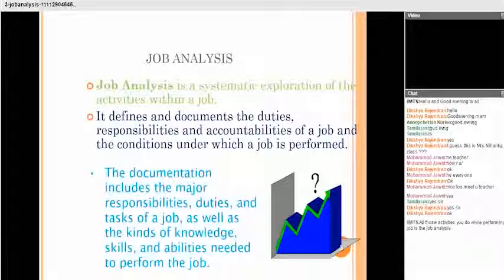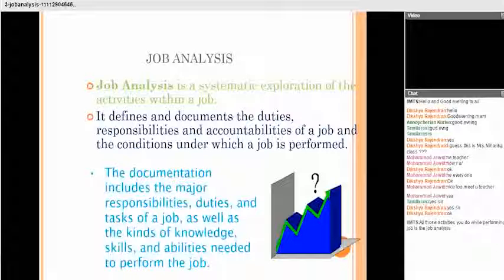Whatever profile you are handling, suppose you are an IT manager or a software developer in a company, what are your major responsibilities? What are the duties and tasks you are performing, as well as the technical knowledge, skills and abilities you have for that job? Documenting all those things is the job analysis.